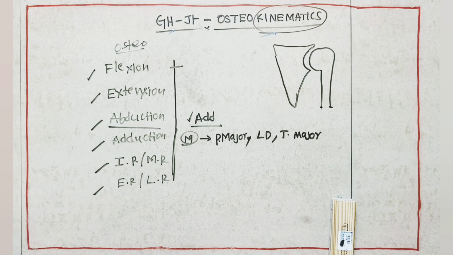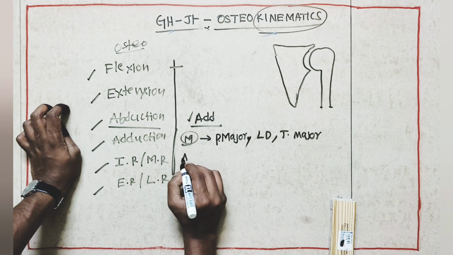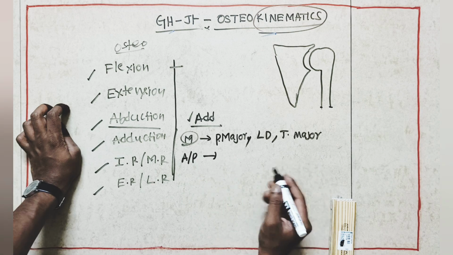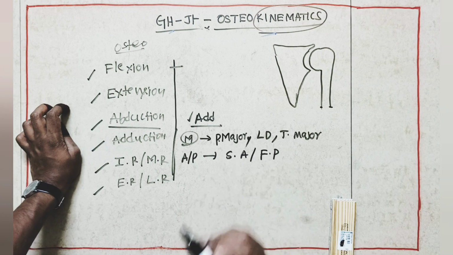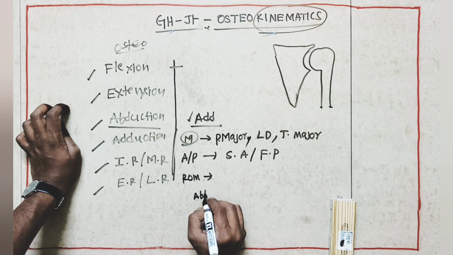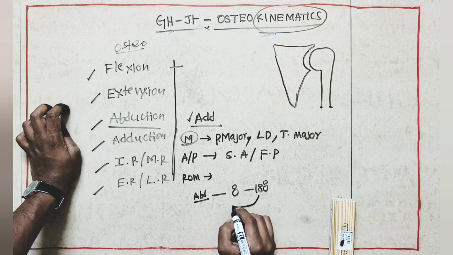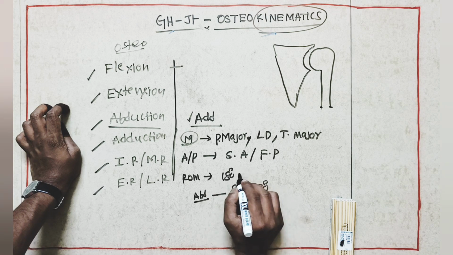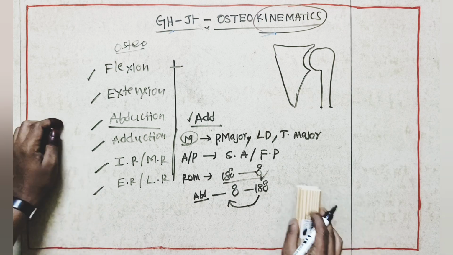These muscles are responsible for the adduction movement of the shoulder joint. Then axis and plane, same as abduction: sagittal axis and frontal plane. And range of motion: abduction is 0 to 180 degrees, and adduction, being the reverse movement, is 180 degrees to 0. This is the adduction normal range of motion.